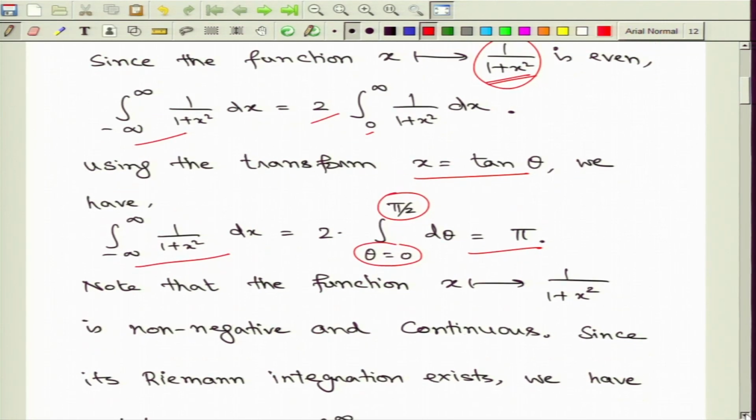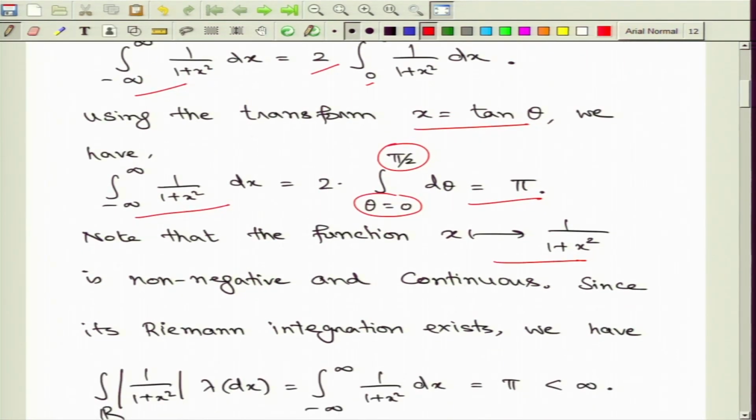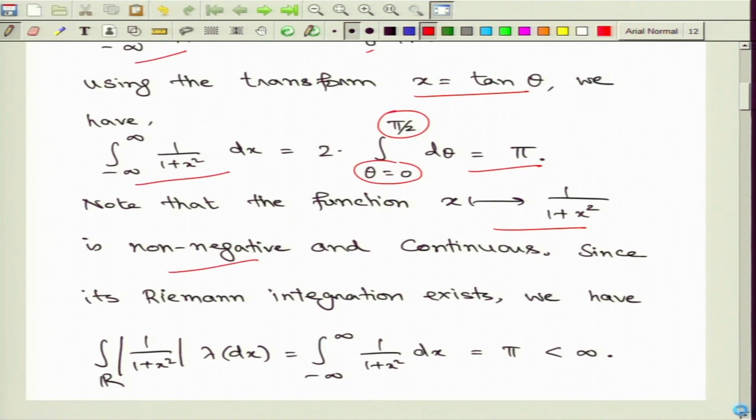But now, this function is also a non-negative function. Since its Riemann integration exists, we go back to our earlier understanding of the connection between Riemann and Lebesgue integration, and claim that if we were to perform the Lebesgue integration for mod of 1 by 1 plus x squared, then first of all, since this function is non-negative, there is no need to keep the modulus symbol.